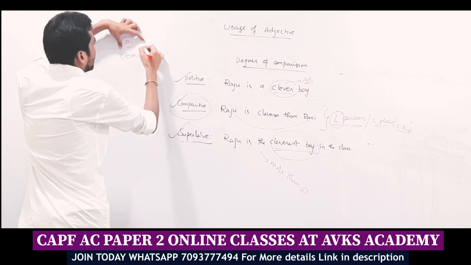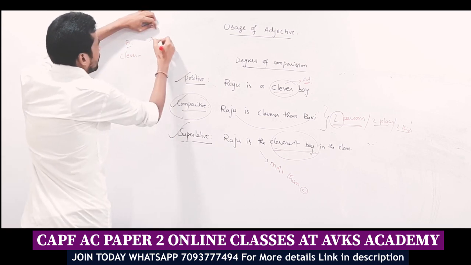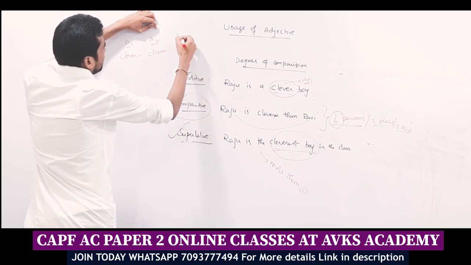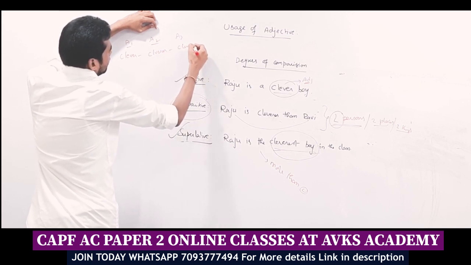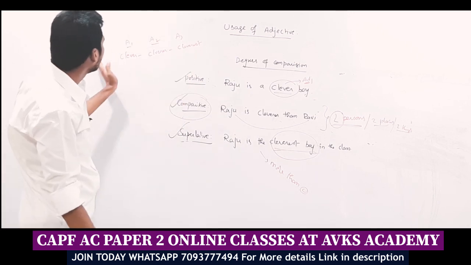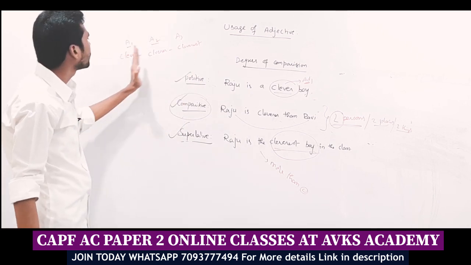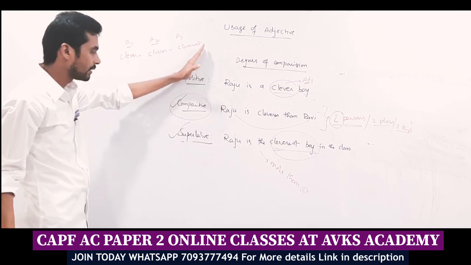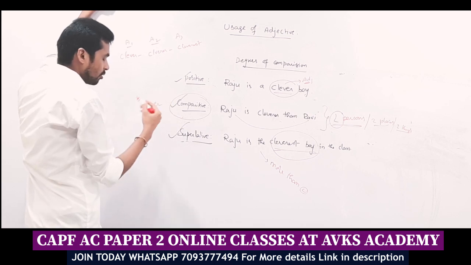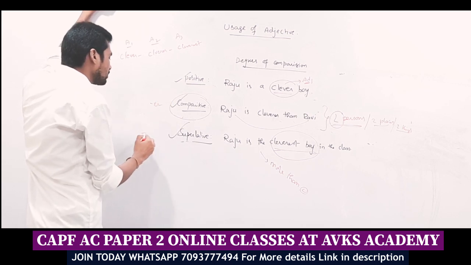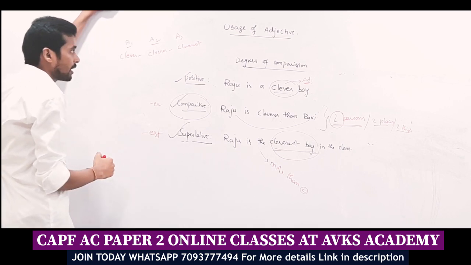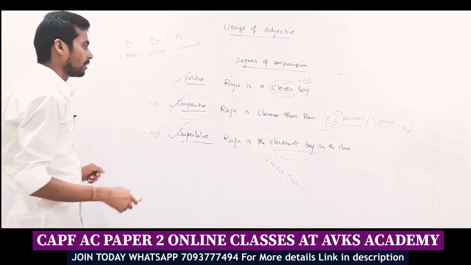A1 means adjective first form, A2 means adjective second form, so it becomes cleverer, and A3 means cleverest. In most cases, while changing from the positive degree to the comparative to the superlative, most words in the comparative degree end with er, and in the superlative degree most words end with est. So remember that.